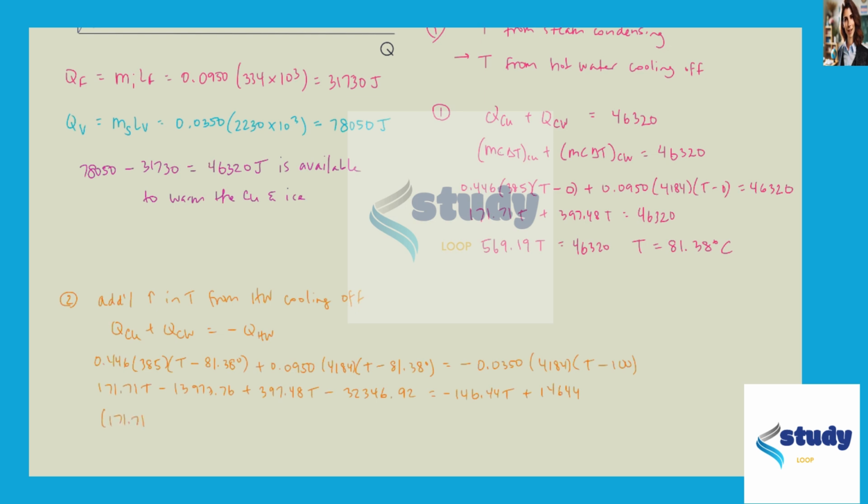So we're going to bring everything that has a T in it to the left side. And then we're going to add our 13,000 something and our 32,000 something to that right side.